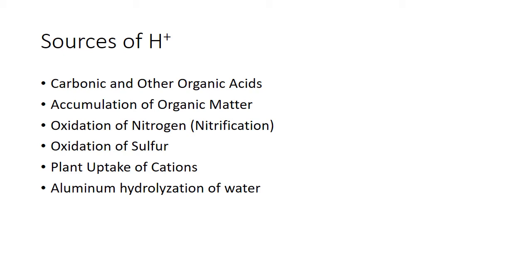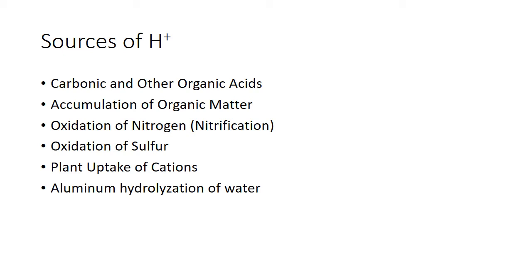If we have nitrogen that's being oxidized, and if you remember back to the nitrogen cycle, this is what we call nitrification. Nitrosomonas and Nitrobacter convert ammonium into nitrate. In the process, of the 4 hydrogens from the ammonium, 2 of them go into water molecules and 2 of them go into acidity.